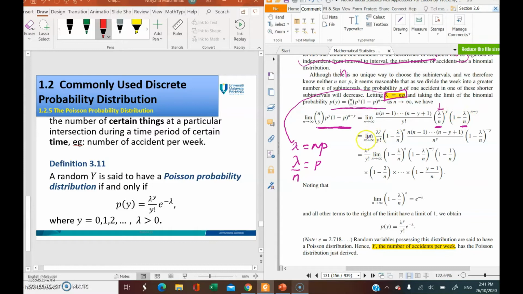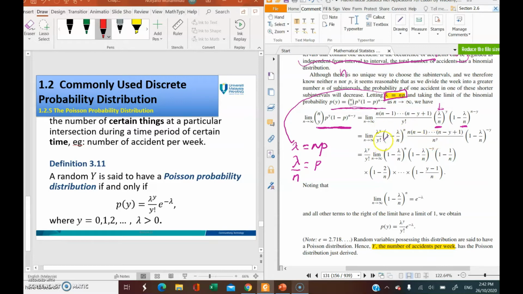Then we give the limit n goes to infinity, and here we factorize lambda to the power y over y factorial. Then we finally have 1 minus lambda over n to the power n, and this one you will get n to the power y, because you have factorized just now, and here we have y factorial, isn't it?